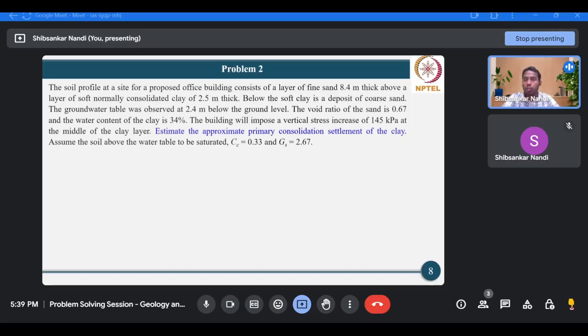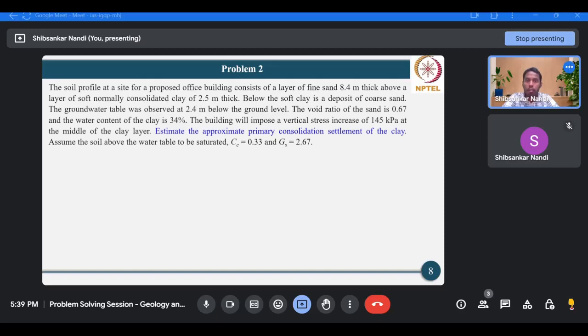In this problem again, the soil profile at a site for a proposed office building consists of a layer of fine sand 8.4 meter thick above a layer of soft normally consolidated clay 2.5 meter thick. Below the soft clay is a deposit of coarse sand, and the groundwater table was observed at 2.4 meter below the ground level. The void ratio of the sand is 0.67 and the water content of the clay is 34%.